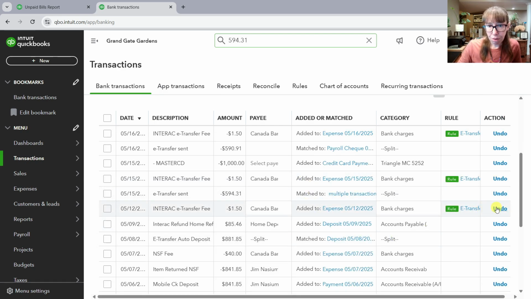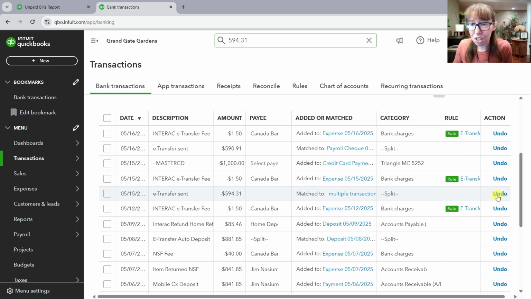So if we were matching, say, to 2 existing bill payments already, then the undo would just unmarry because we only did match. But because we used the bank feed to add then marry, or add then match, this undo does both the adding of the bill payments and the matching. So again, the undo action only undoes what you did in the bank feed.